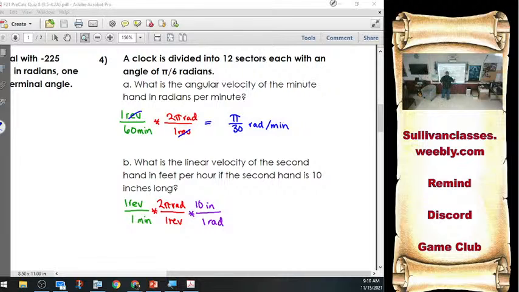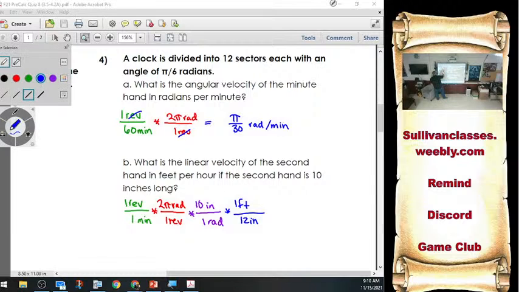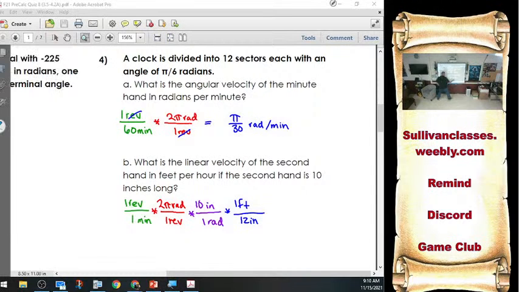So I'm in inches per minute. I want to go to feet per hour. So I'm going to say there's 12 inches to 1 foot, and there's 60 minutes to 1 hour.